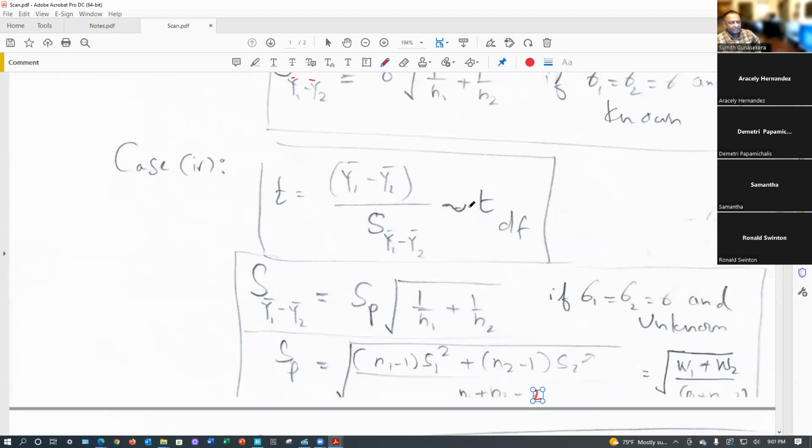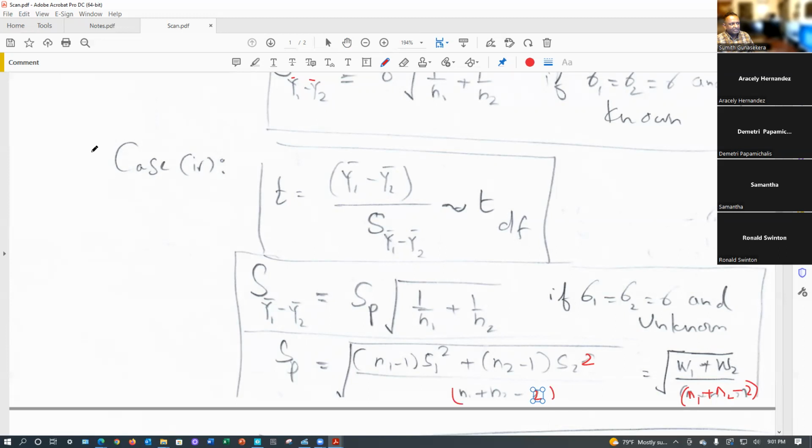Then it's going to be distributed according to T distribution, but your standard deviation would be pooled standard deviation times the square root of 1 over n1 plus 1 over n2, where pooled variance is nothing but n1 minus 1 times the corresponding variances. Sometimes we're going to call this one W1 for this part, and this one W2, you can say. And this is nothing but n1 plus n2 minus 2.